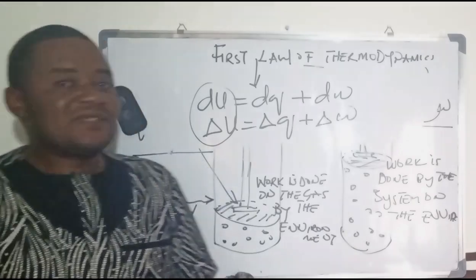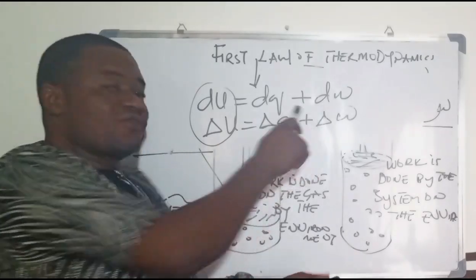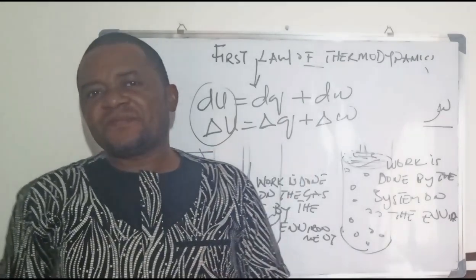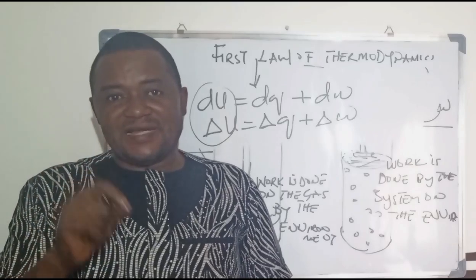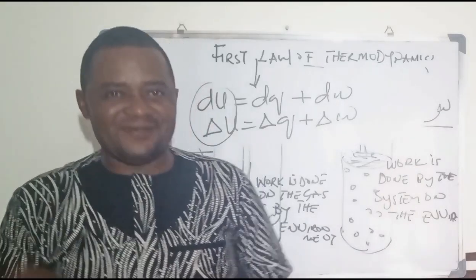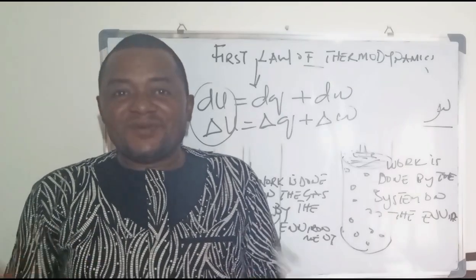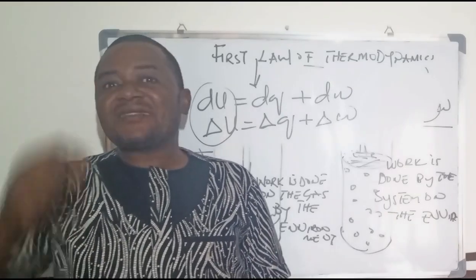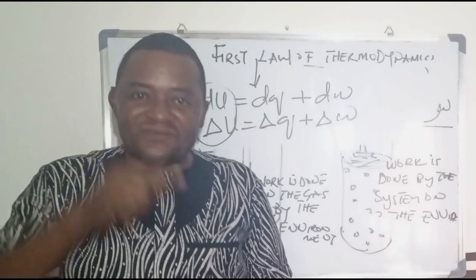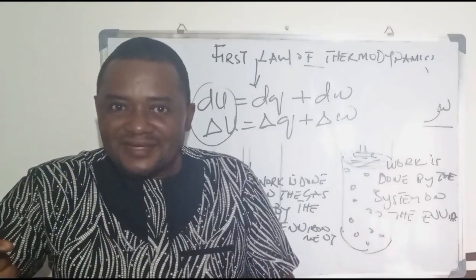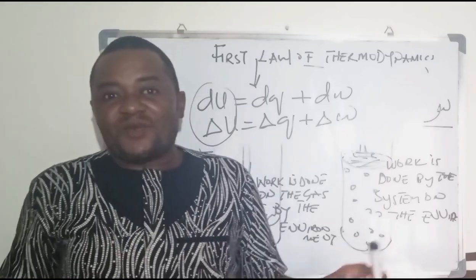Thermodynamic work, which we are talking about, is simply that energy that is converted from one form to the other. That is what we mean by thermodynamic work, or mechanical work. That energy that is converted from one form to the other is simply what we call thermodynamic work.